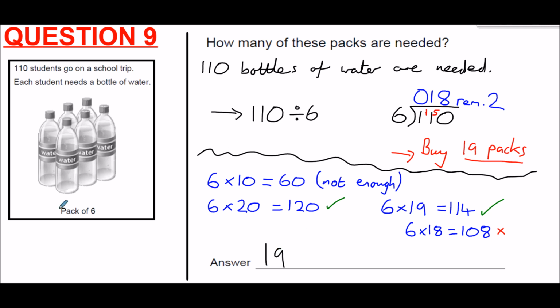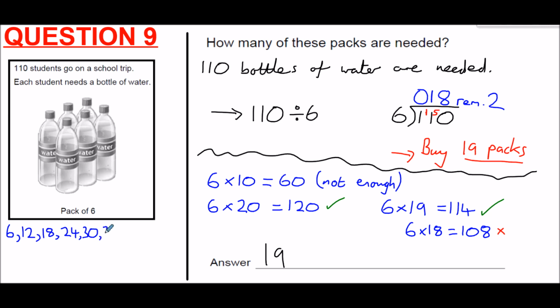A third way, which I really am not recommending, but would work, is you could even do the 6 times table and just keep going until you get to at least 110. So 1 times 6 is 6, 2 packs of water would be 12 bottles, 18 bottles, 24, 30.